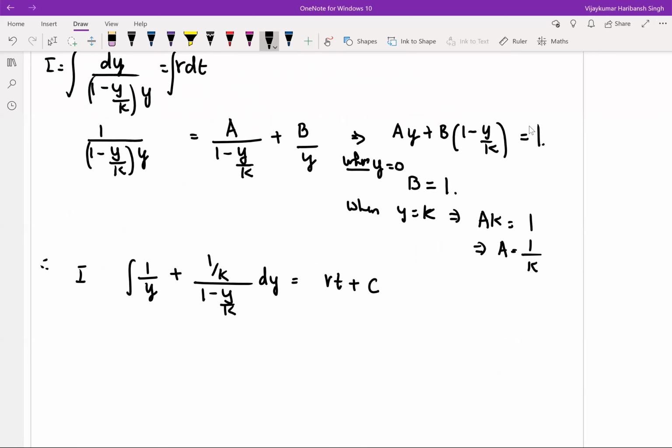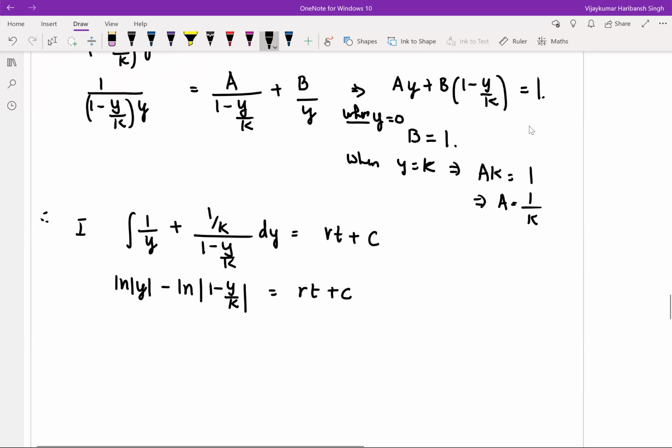Now this is going to be ln of the absolute value of y, plus the integral of the second term, which is going to be minus ln of (1 - y/k), equals rt plus c.